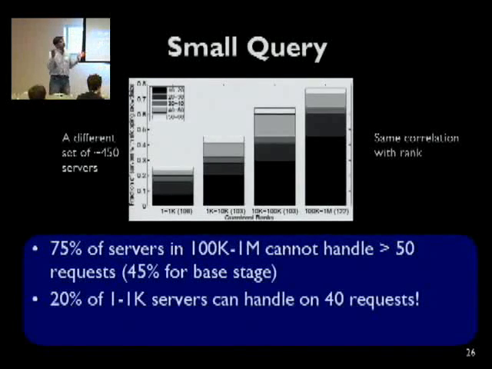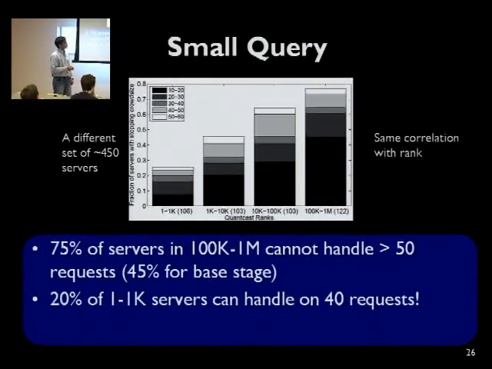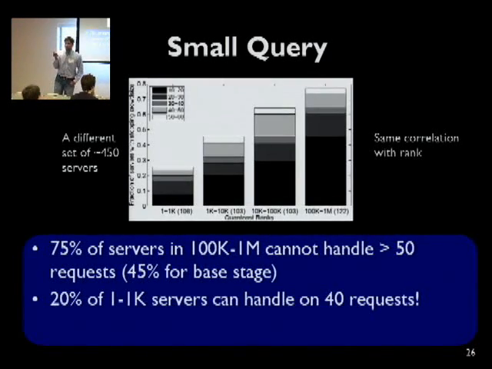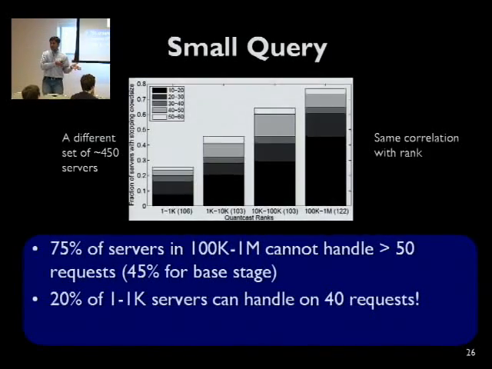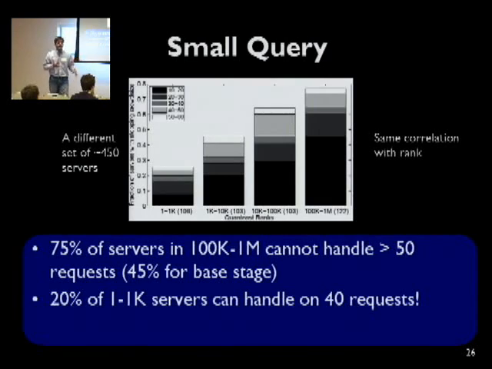The query processing portion of the servers doesn't seem to be as well provisioned as the rest of the setup. But again, the thing that we were a bit surprised by is that there are about 20% of the servers in the most popular category which could not handle more than 40 simultaneous queries, which, we don't know what is going on because these are black box type of tests, but we didn't really expect to see this kind of a trend when we were measuring these sites.